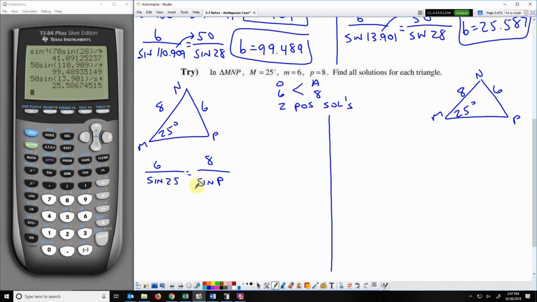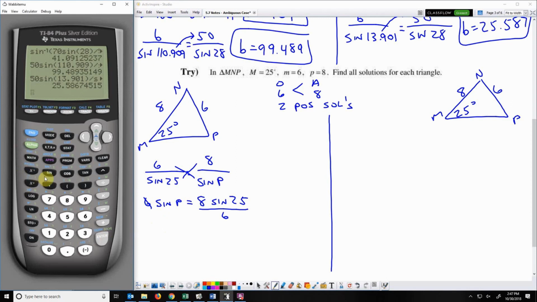Okay, so I do cross products, and I get 6 times sine P equals 8 times sine 25. I can get sine P by itself by dividing by 6. And then in order to get P by itself, I can do arc sine.